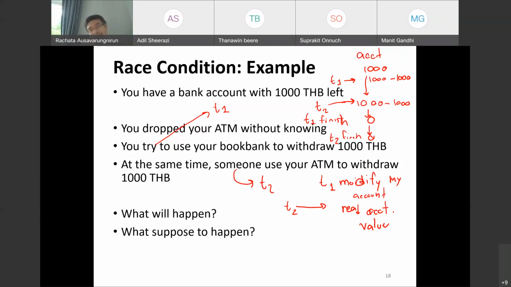So as a programmer, let's say you get hired to fix the bug. What are you supposed to do in the beginning? What are you supposed to do with the account? Make sure T1 finishes first. How do I ensure that is the case?